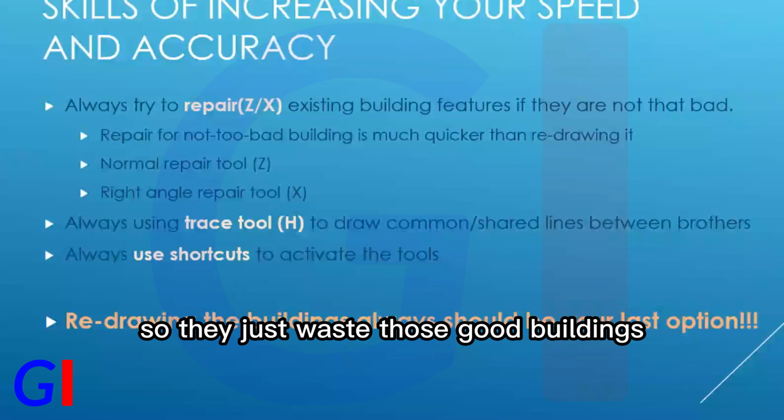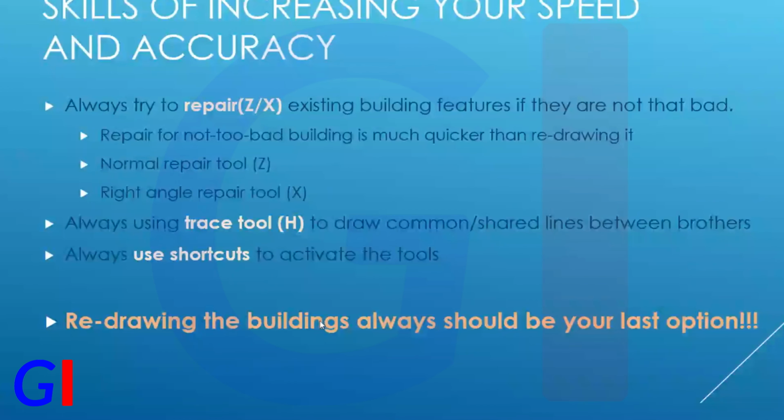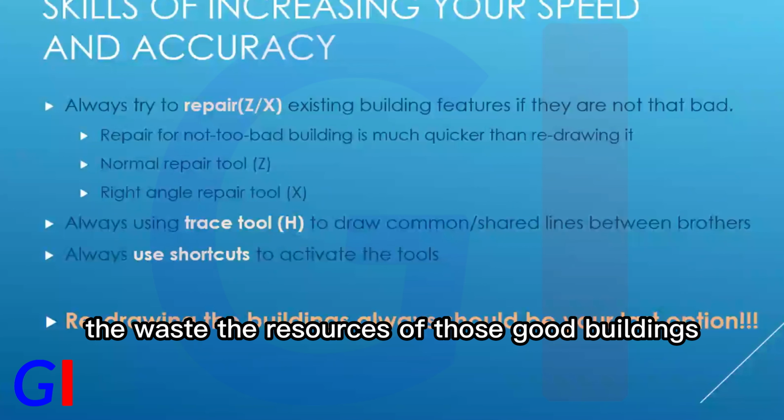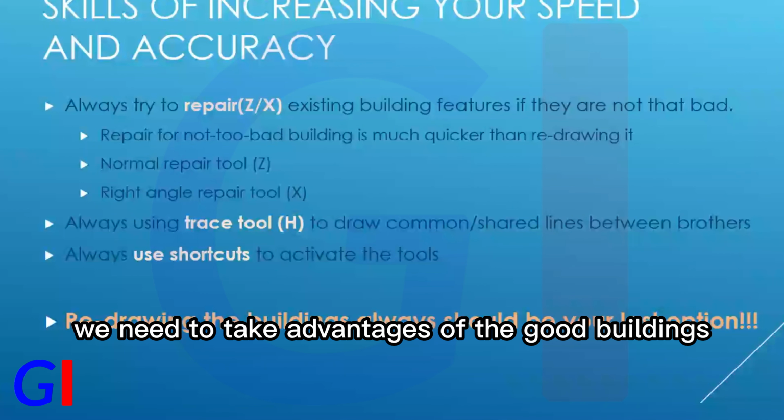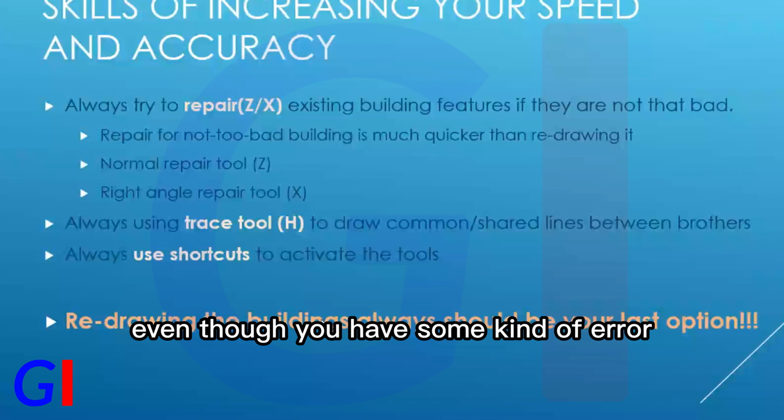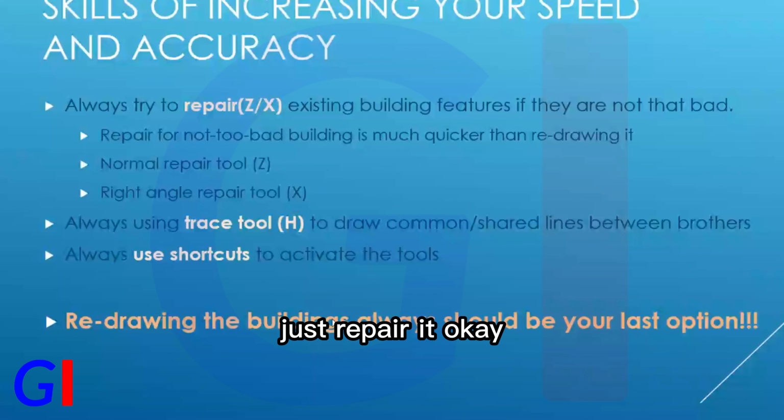So they just waste those good buildings, okay? They waste the resources of those good buildings. We need to take advantage of the good buildings and not touch them. Even though you have some kind of error, just repair it, okay? Just repair it. When it's totally wrong, then we can redraw. So that's the last option we can do, okay?